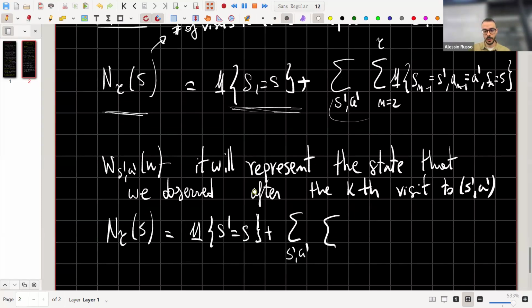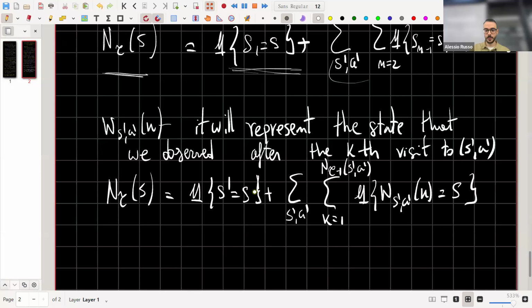It will be from k equal to 1 up to N_{τ-1}(S', A'), so from the first time we visit S' A' up to the last time we visited S' A', of the indicator function of W(S', A', k) being equal to S.